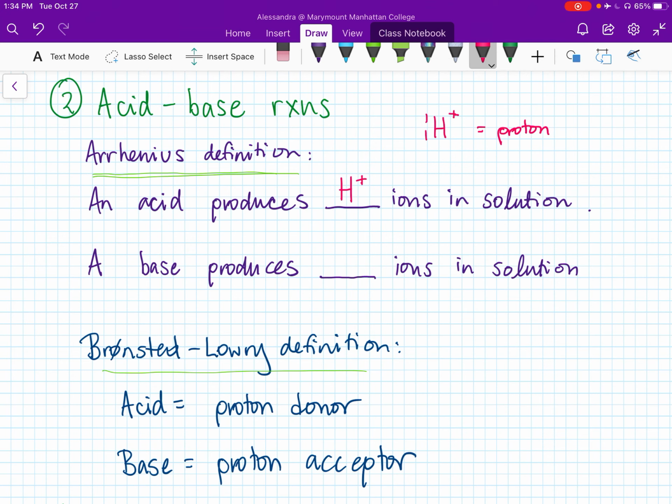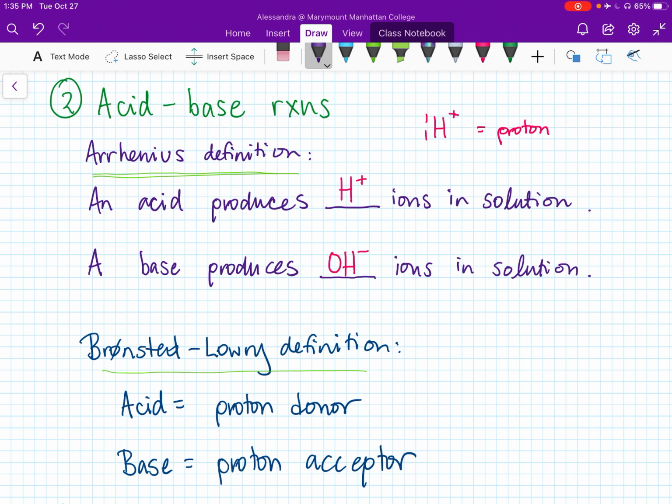So H plus ions and protons are synonymous. Arrhenius holds that a base produces hydroxide ions in solution. So OH minus ions are also known as hydroxides. And a base is going to be a species that produces OH minus ions in aqueous solution.